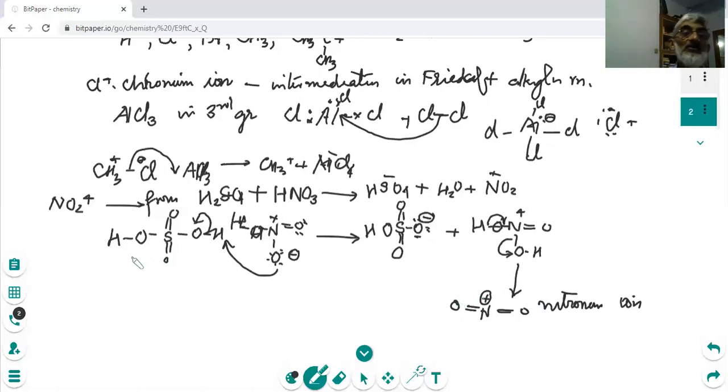Very similarly, you can try two molecules of sulfuric acid. If you do it in the same fashion, you can see that SO3 comes out.